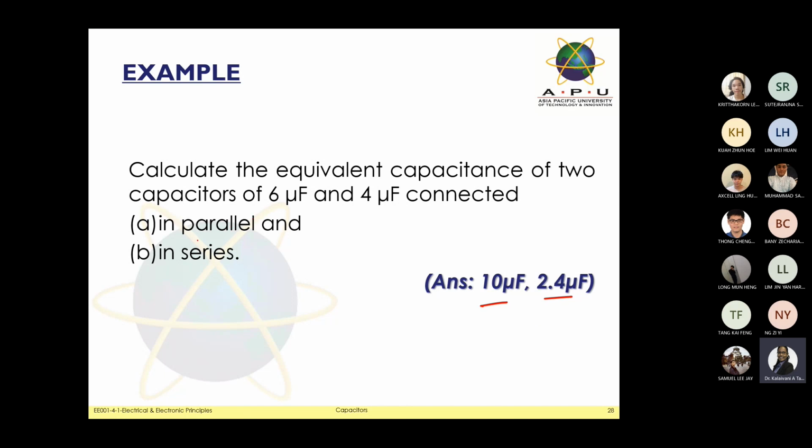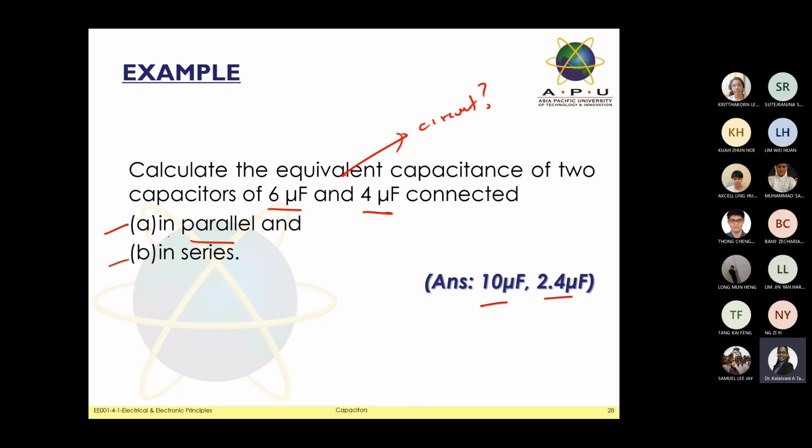Take note, when they highlight parallel, the values given are 6 micro and 4 micro. They don't show you any circuit diagram. They only specify that the first one is parallel, the second one is series.